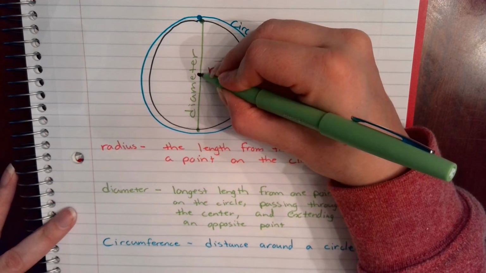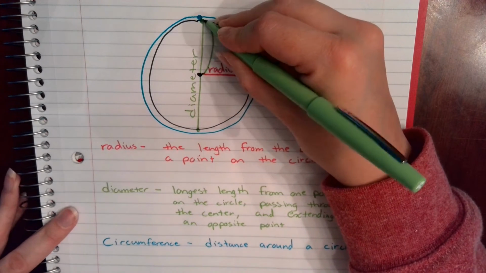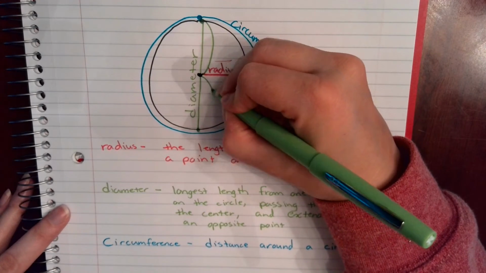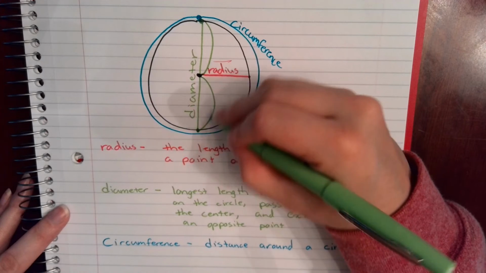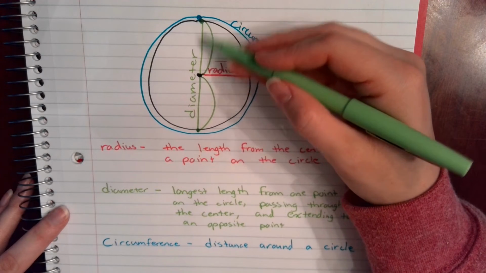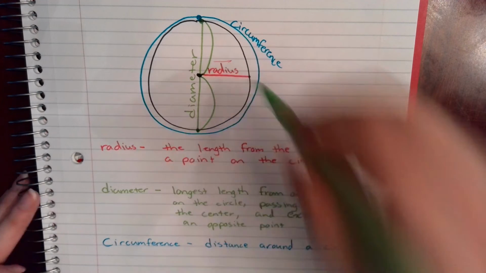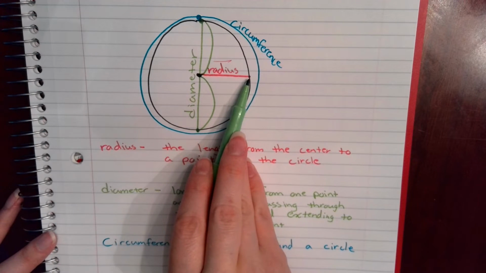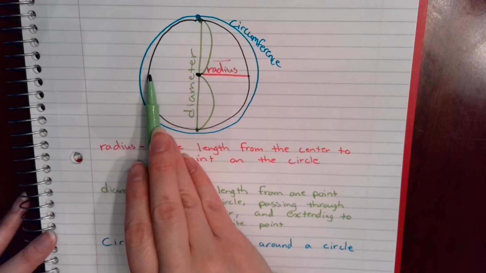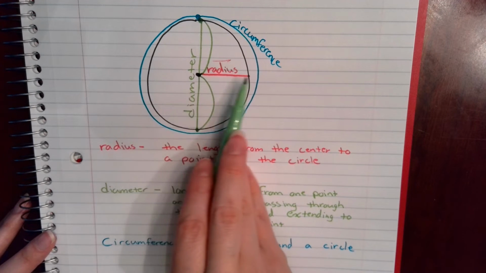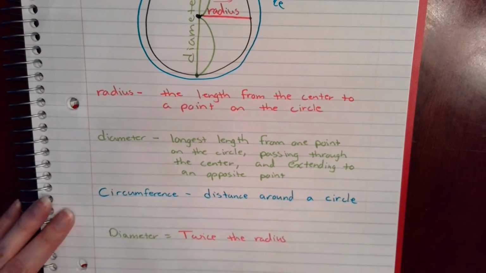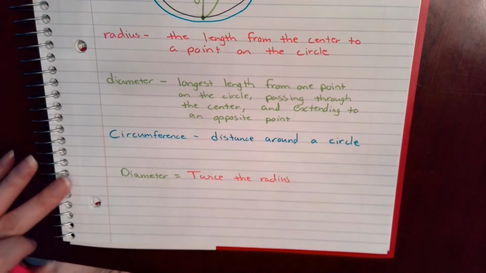So from here to here, that would be considered to be a radius, just like from here to here. That would also be a radius. So if I take the radius and add another radius, that gives me the diameter. Same thing. If I take this radius and then continue to extend it for another radius, then that whole extension would be the diameter. So your diameter is going to be twice the size of the radius.